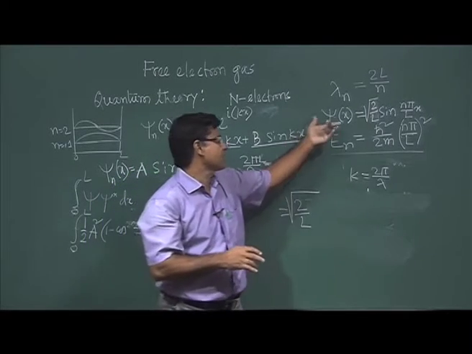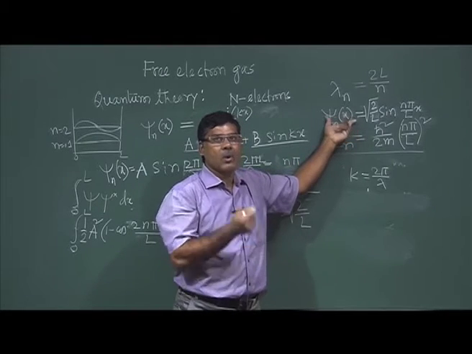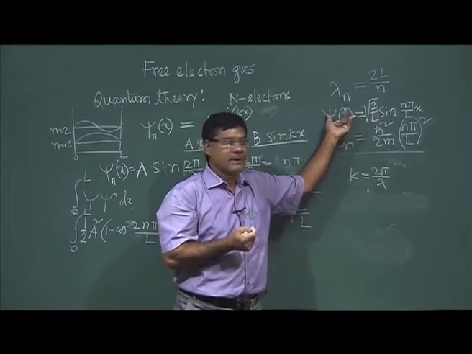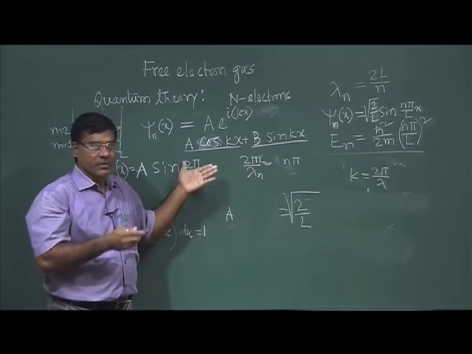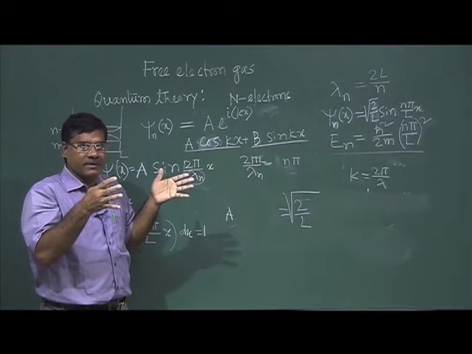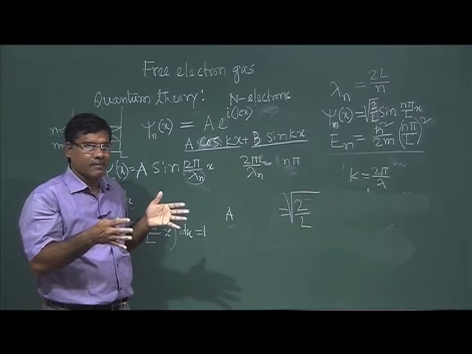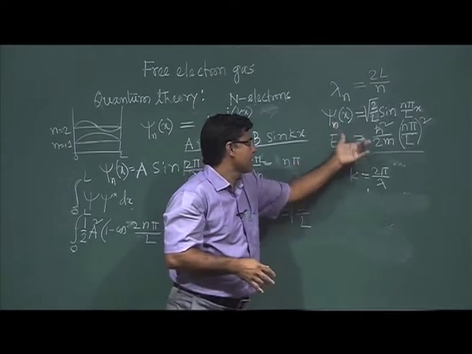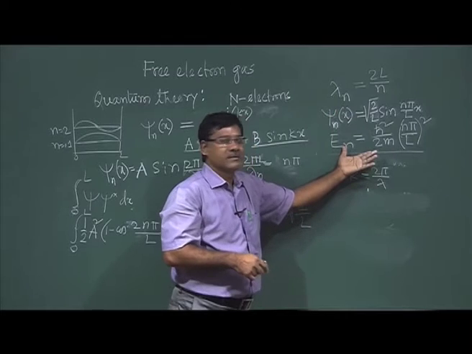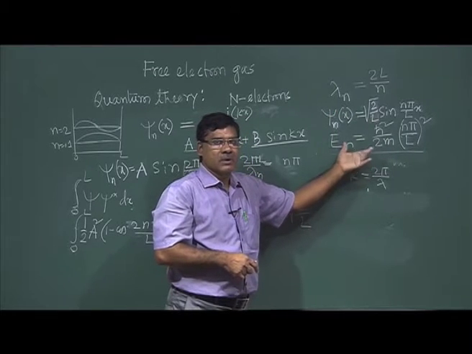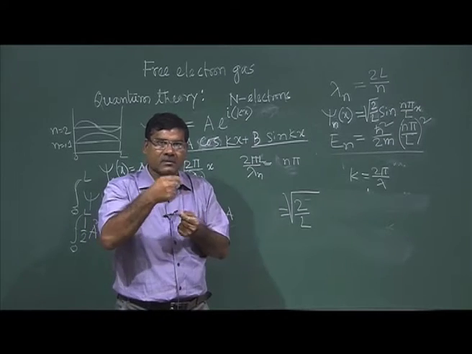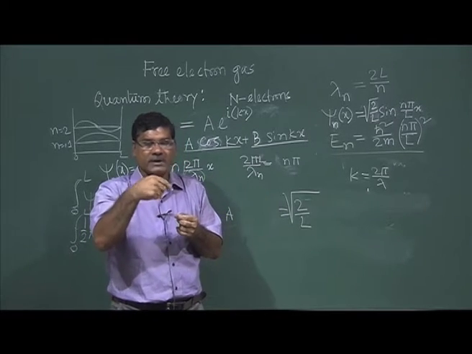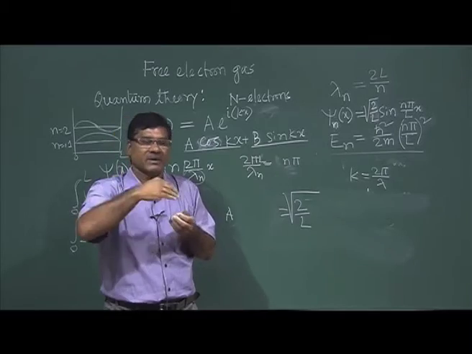I know the wave function for my system, for one free electron in a potential 0 with infinite potential barrier. So, this is the wave function and energy is this. It is representing many states, n equal to 1 is one state, n equal to 2 is another state, 3, 4, 5. So, there are many states.